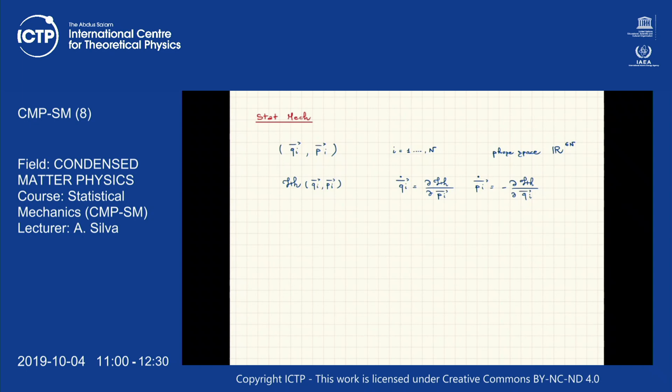Taking many pictures of the same system for an ergodic system is equivalent to taking many copies of the same system with the same macroscopic conditions and measuring at a single instant of time what is the position in this one, what is the position in that one, etc. You see, it's the same thing because of ergodicity.